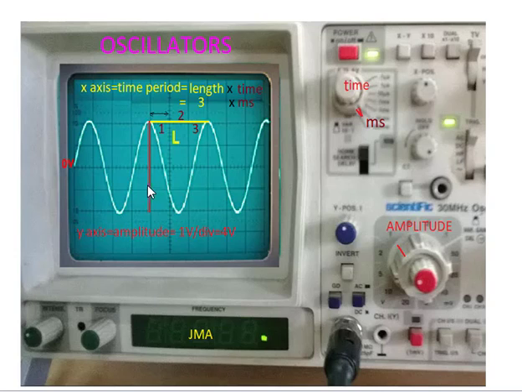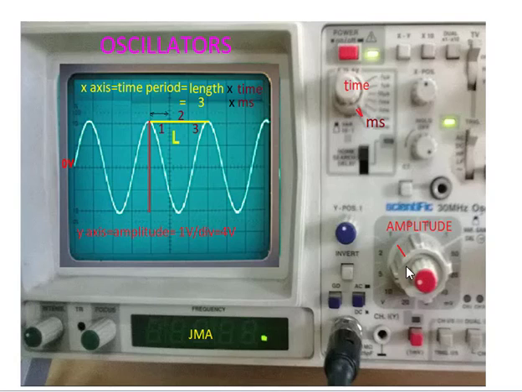On the y-axis, we can measure the amplitude. The 1 unit is equal to 1 volt. So, 1 volt, 2 volt, 3 volt and 4 volt. So, the y-axis indicates the amplitude, the voltage. It is taken as 4 volt.